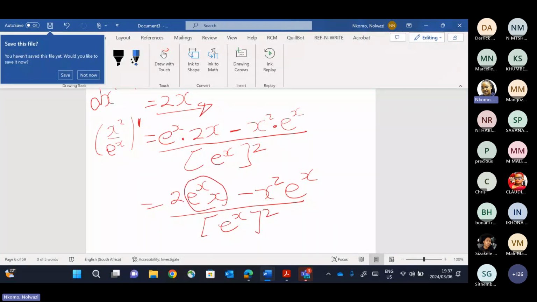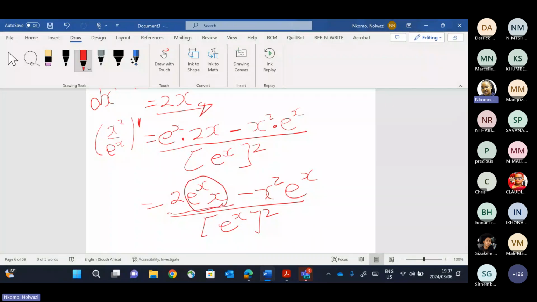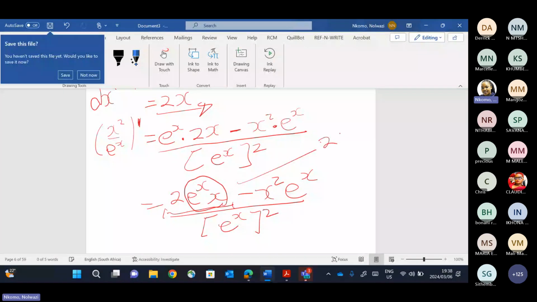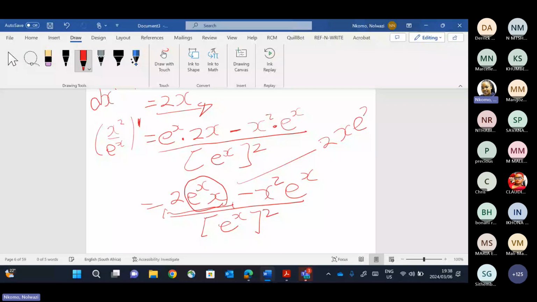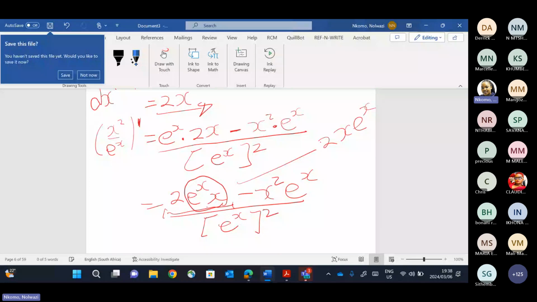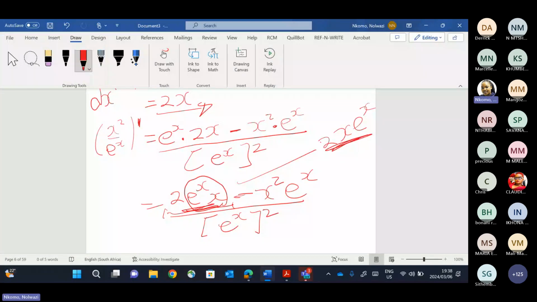Here, it doesn't matter whether you start with x or e to the power x. You can also write this part as 2x e to the power x. This is the same thing as this. Don't forget this minus.